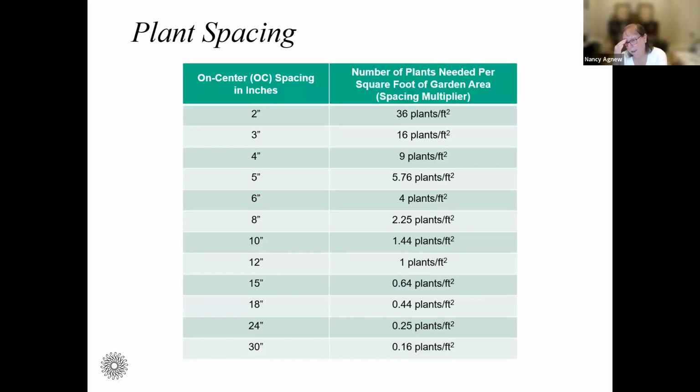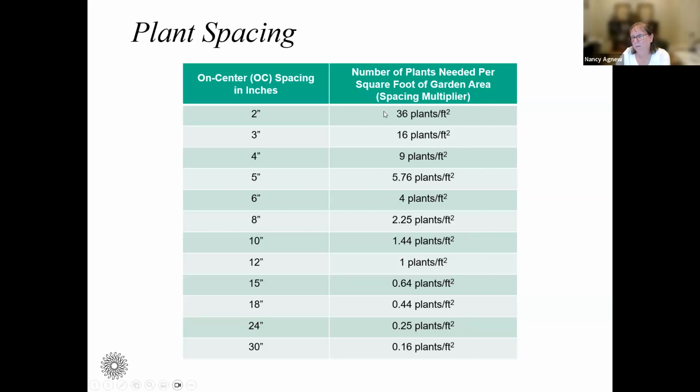And then here's a table, which I think is the first page in that handout, where we've converted the on-center spacing to the number of plants needed per square foot of garden area. So it's the spacing multiplier. And it's all down to plants per square foot.